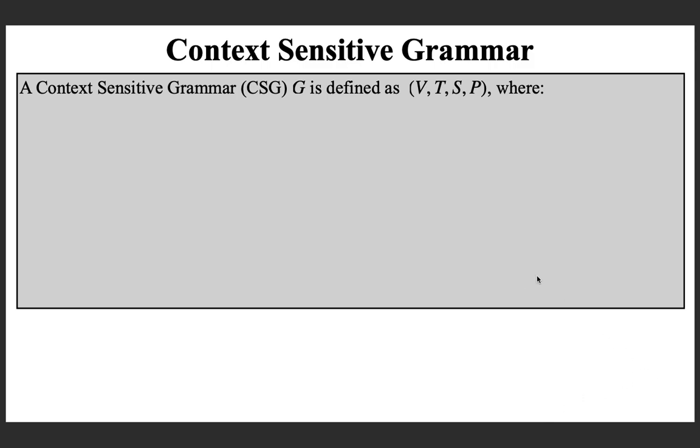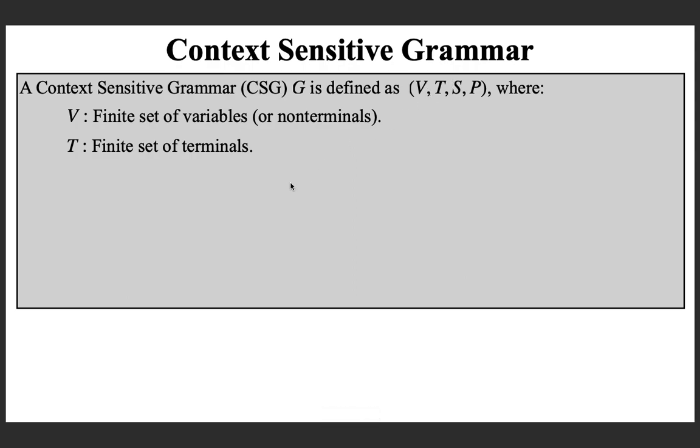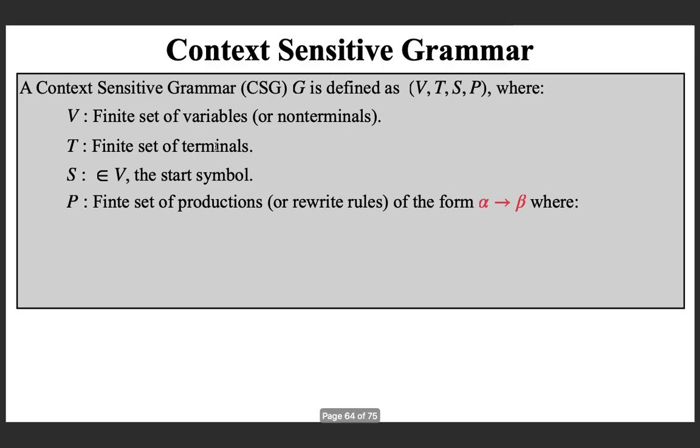So it is a quadruple V, T, S, P where V is the finite set of variables or non-terminals, capital T is the finite set of terminals, capital S is a variable known as the start symbol, and these three components are same for all classes of grammars. And what classifies the grammar into type 0, 1, 2, 3 is the structure of the production.